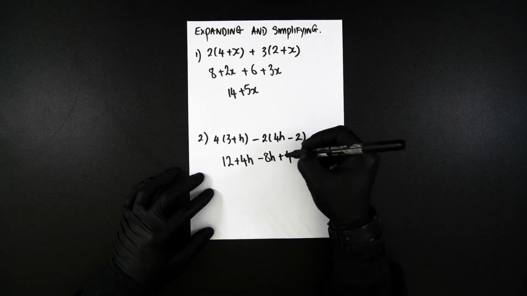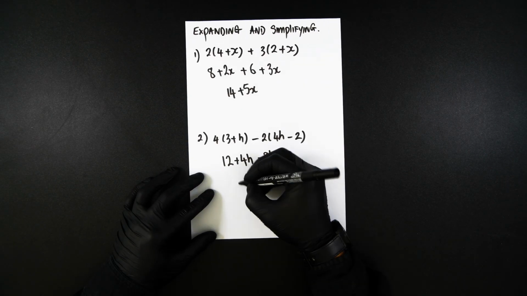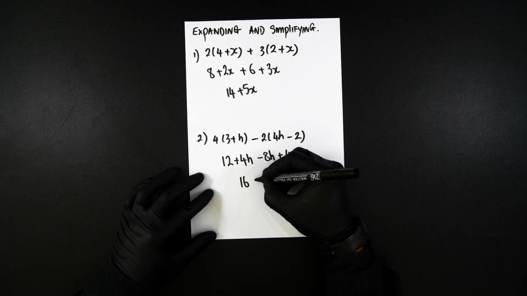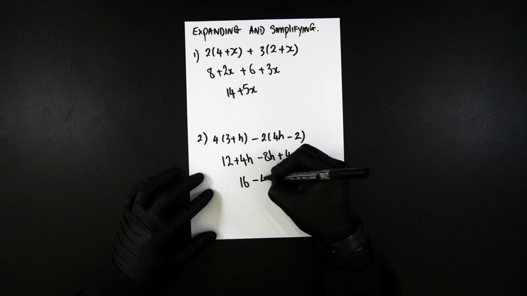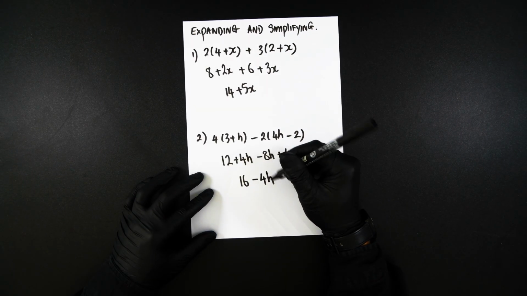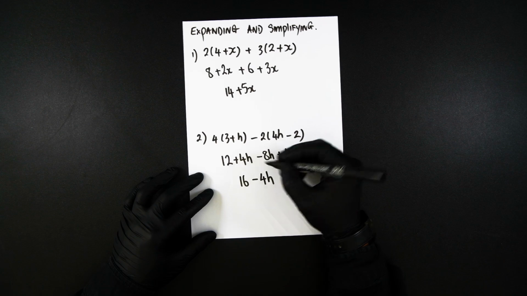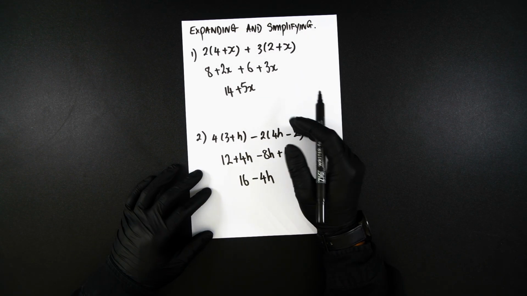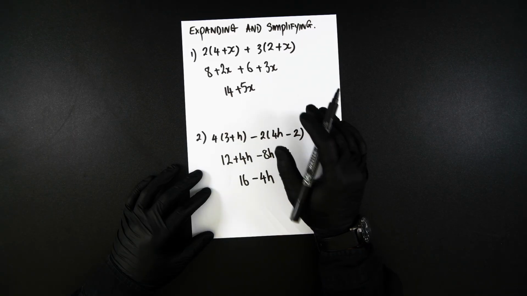So now let's look at everything that's just a number. We've got 12 and 4, which is going to be 16. Then we have 4h minus 8h, which means it's going to be minus 4h. We could theoretically now simplify this again by then factorising it, but that is expanded and simplified as much as we can for now.